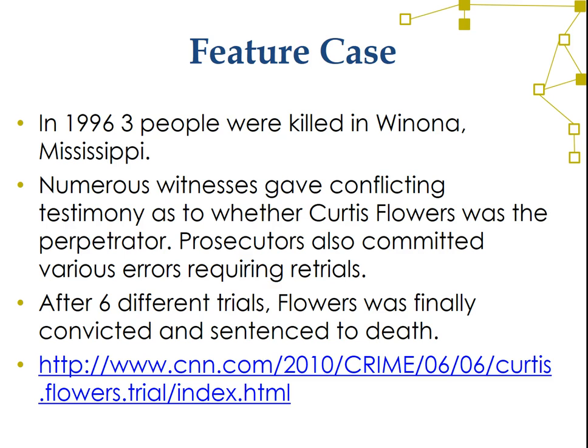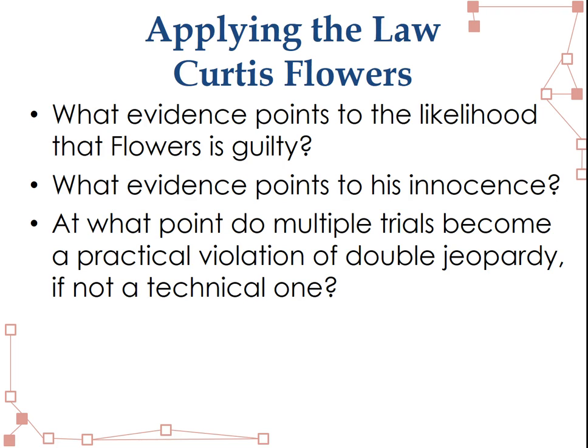And the trial judge denied a motion for a new trial, and the direct appeal has been pending before the Mississippi Supreme Court for about 2 years. So you can see that issues related to trials can cause problems later on. And then the other question that comes up is, how many trials is enough?